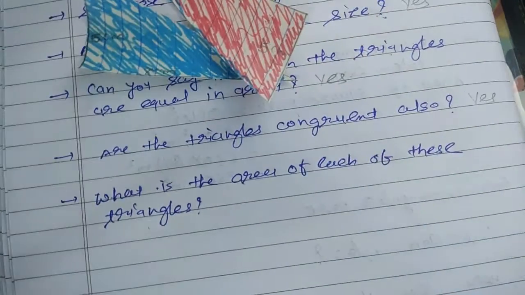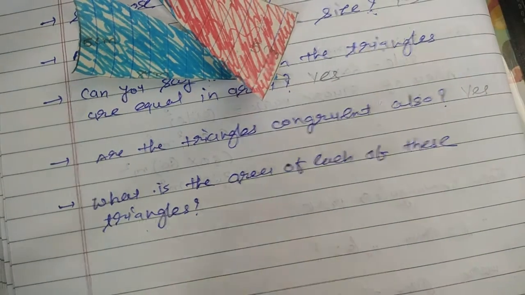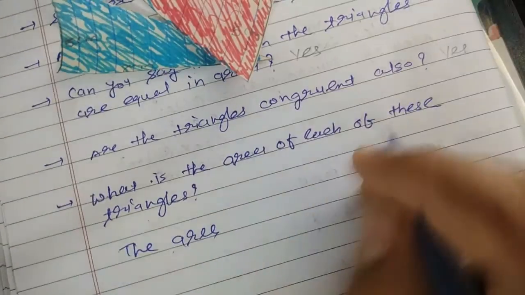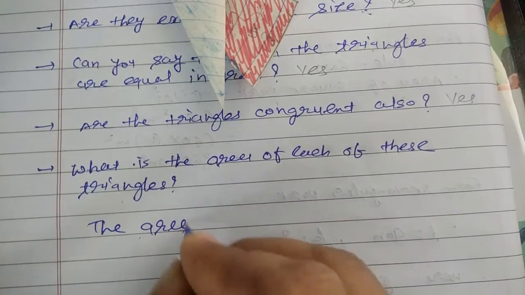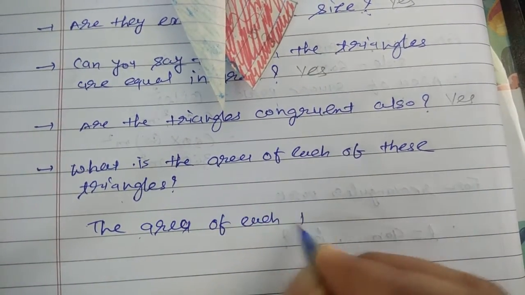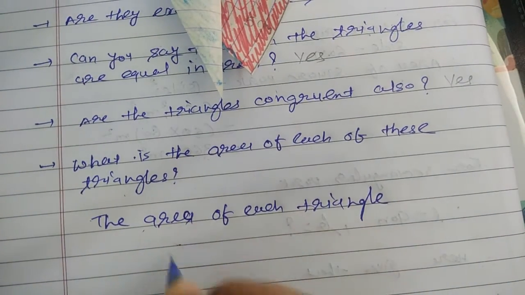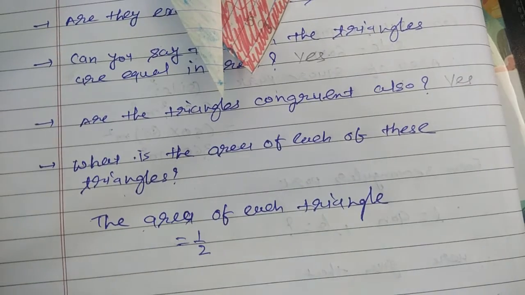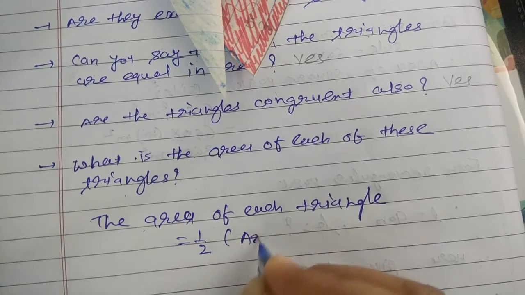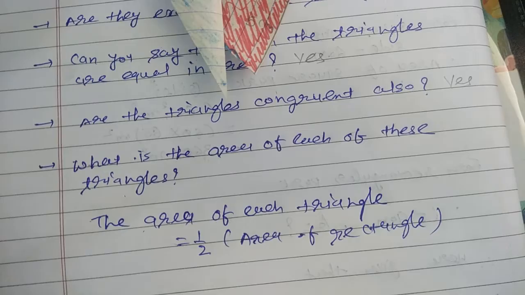So here we will write the area of each triangle is equal to 1/2 area of rectangle.